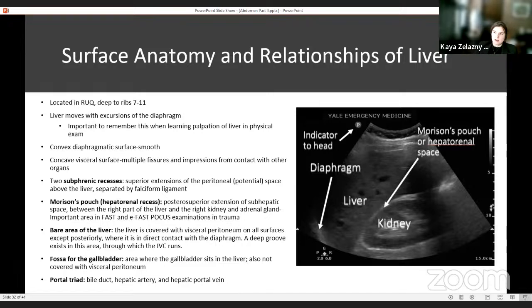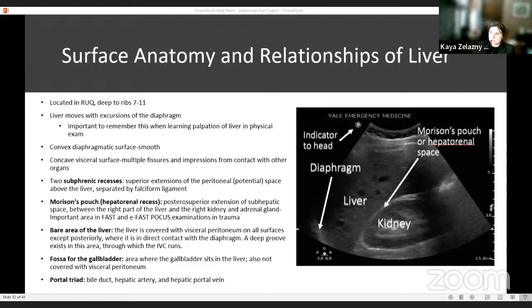So we have our falciform ligament connecting our liver up to the walls of our abdomen. On either side, we have a subphrenic recess where you could potentially get collection of materials between the liver and the diaphragm.